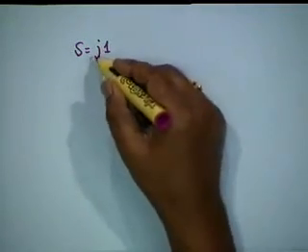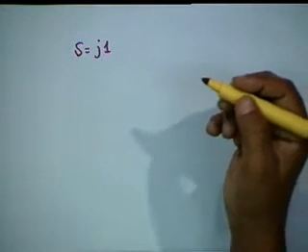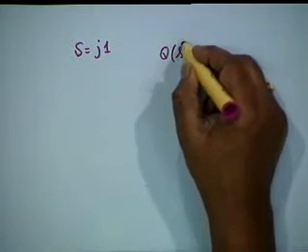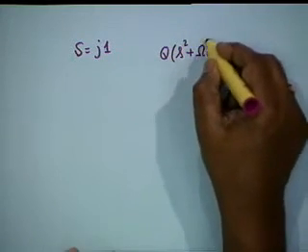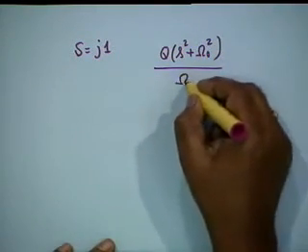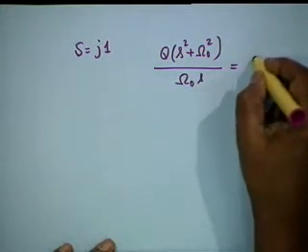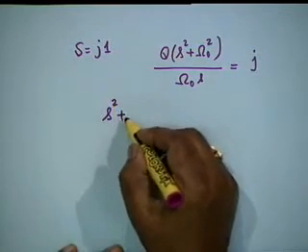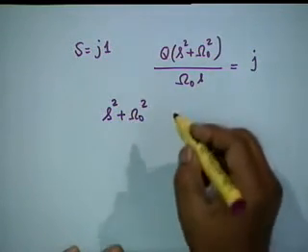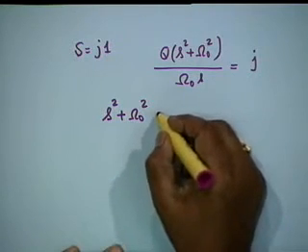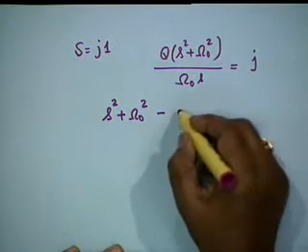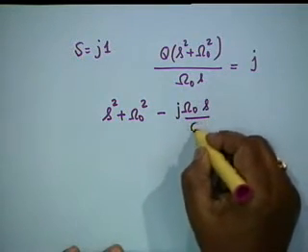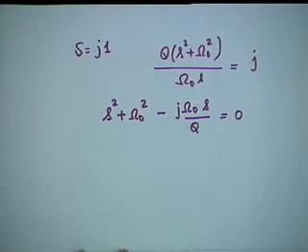Then capital S equal to plus j will correspond to q times s squared plus omega naught squared divided by omega naught s equal to j. In other words, s squared plus omega naught squared minus j omega 0 s divided by q is equal to 0.